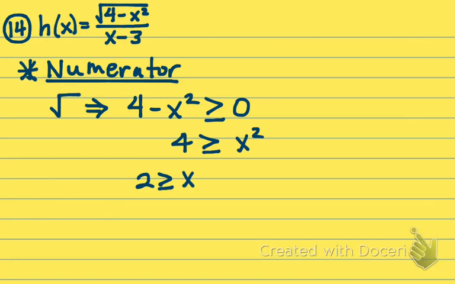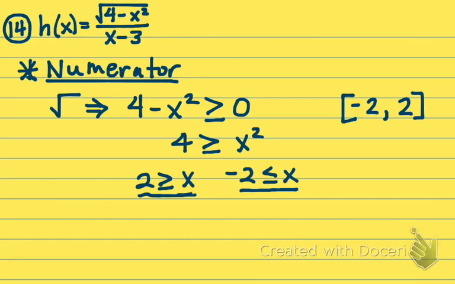Notice that I put the 2 where the 4 was, the x where the x was. Then when I write the other one, I can write negative 2, and when I write the negative, I reverse the inequality, and then that's x. So this one says x has to be bigger than negative 2, and this one says x has to be smaller than 2. So for the domain of my numerator, and it can equal either 2 or negative 2, I'm going to have negative 2 to 2.